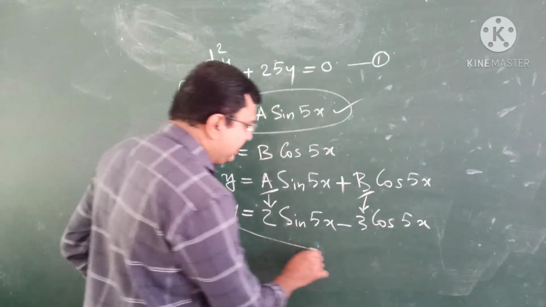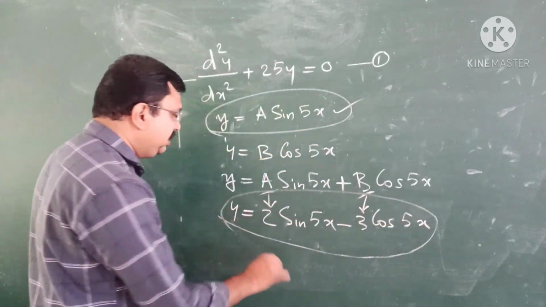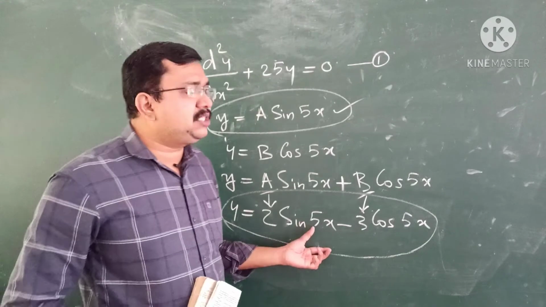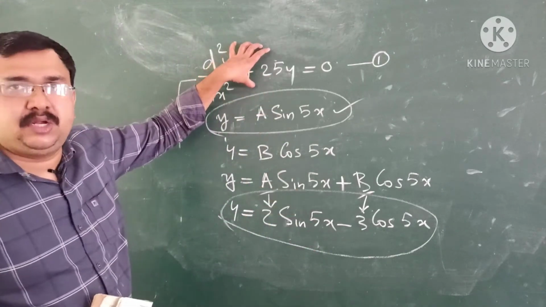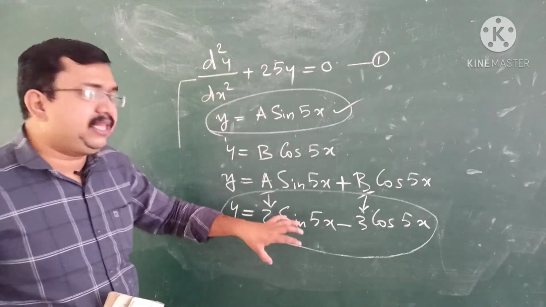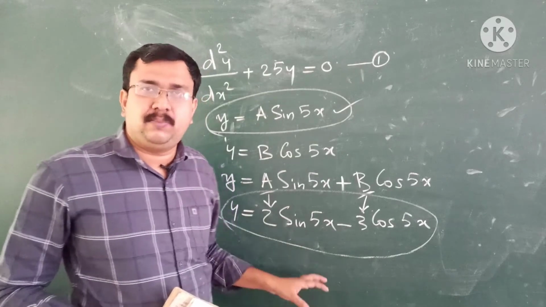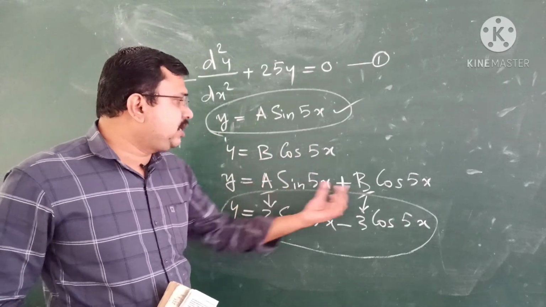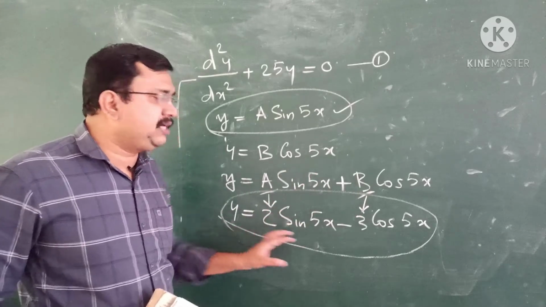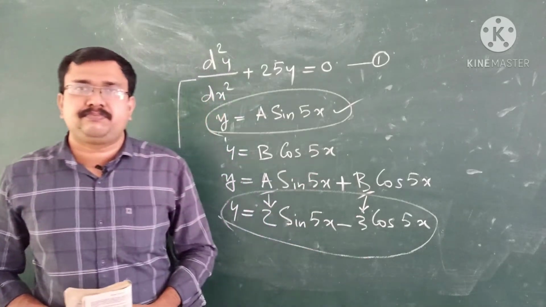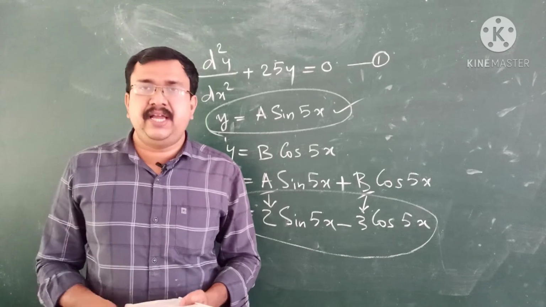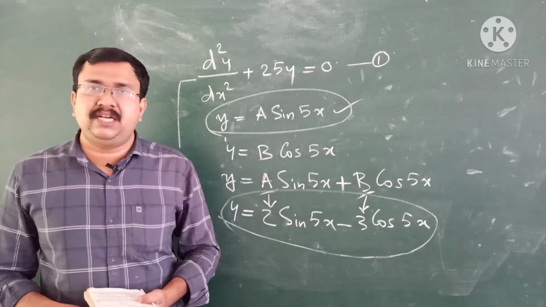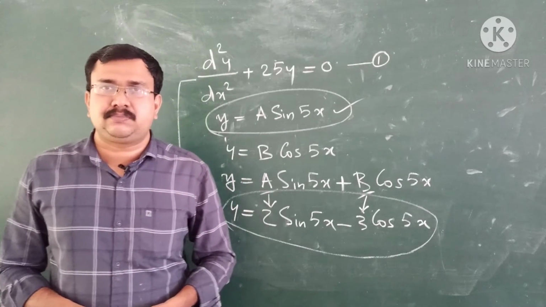Then we will get a solution. This solution is called a particular solution of this differential equation. Okay. Remember that a particular solution is obtained from the general solution. We are giving values to the constants. Then we will get a particular solution. Okay. What is the idea? If you have any doubt, please write it in the comment box.